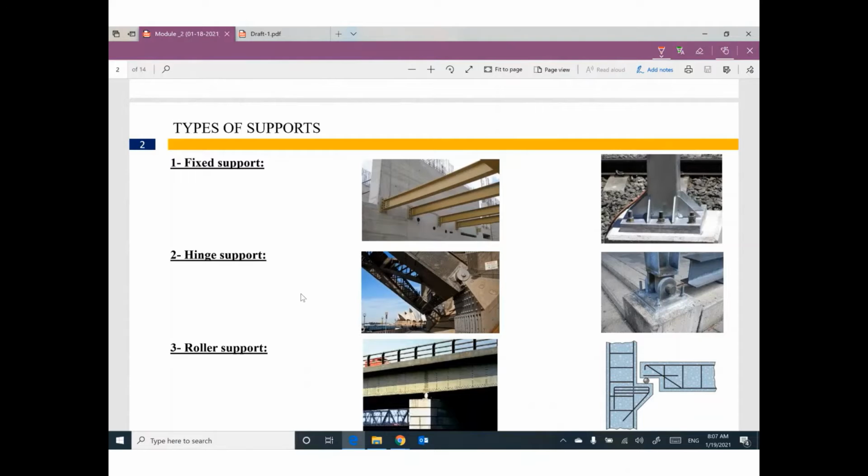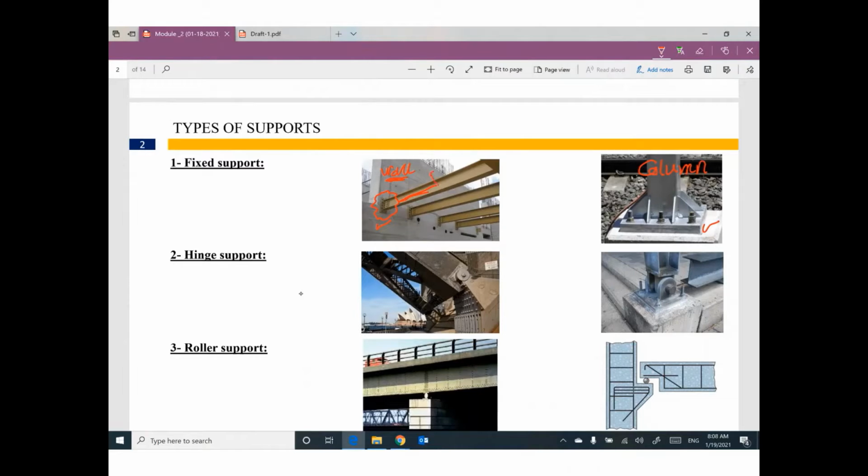We have 3 types of support. Probably your beam is fixed to this wall. So this connection can be represented as a fixed support. In real life, it looks like this one, or like this one. You have a column.